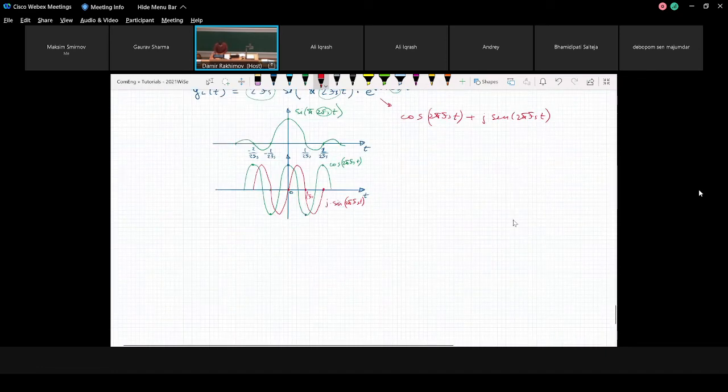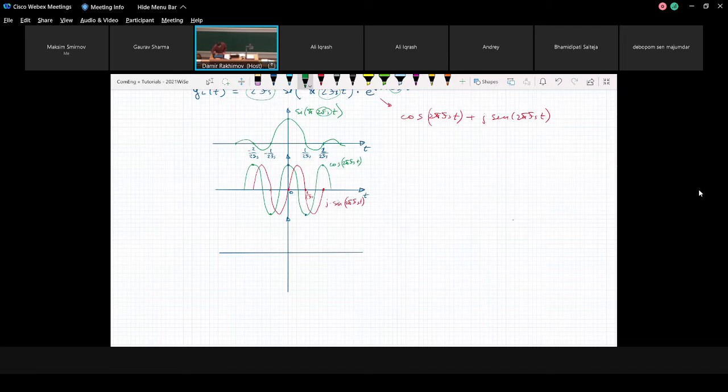Now we have to multiply these two parts. We have to multiply our sinc function and exponential function. We do it for the real part and for the imaginary part separately. If we multiply the sinc function with the cosine function, what do we get?